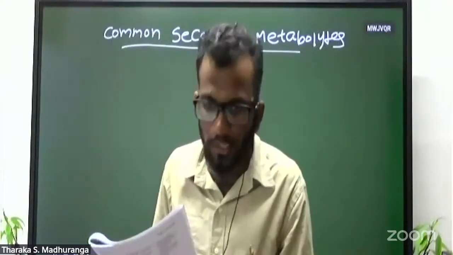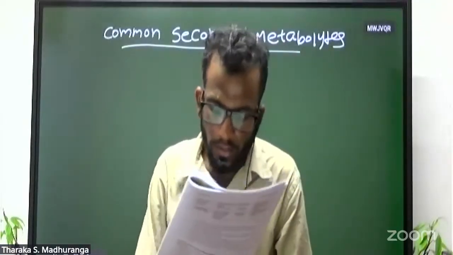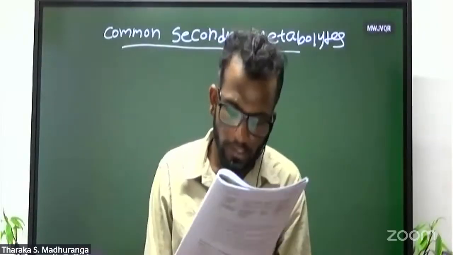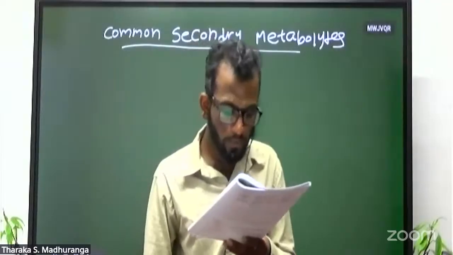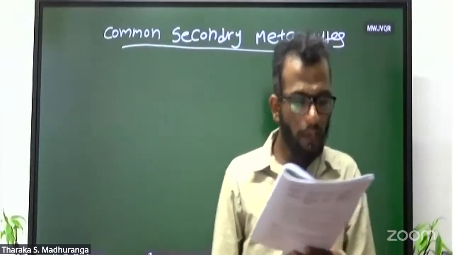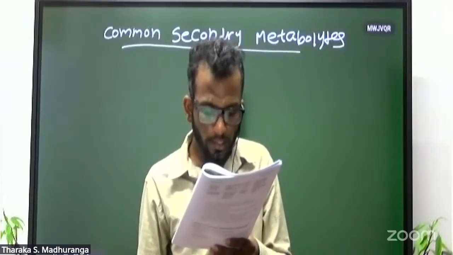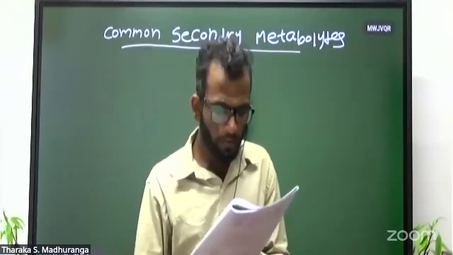The epicatechin we use for chocolate production. That's the antioxidant, important for stimulation of the organism. The caffeine also, phenol, polyphenol, is a stimulant. Tea and cocoa both have caffeine.